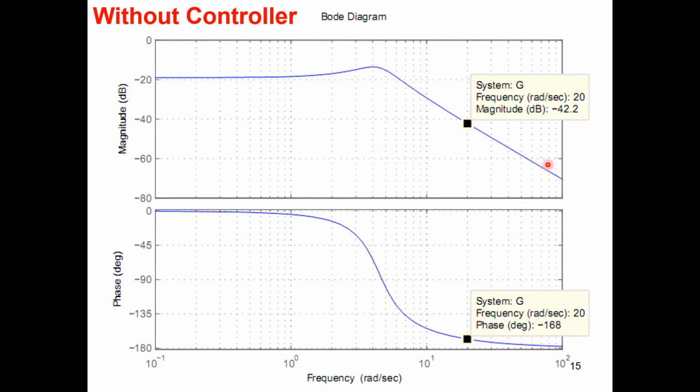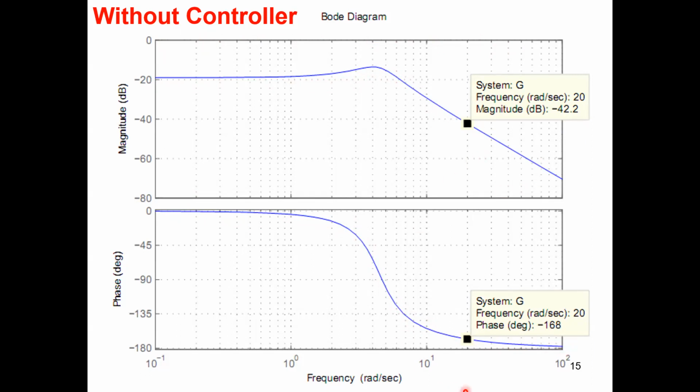Again, roll off. And this is the phase. You have 0 degree phase difference, and somewhere here it drops sharply and eventually goes toward 180 degrees. It never goes to 180 exactly, but it reaches about 180 degrees.